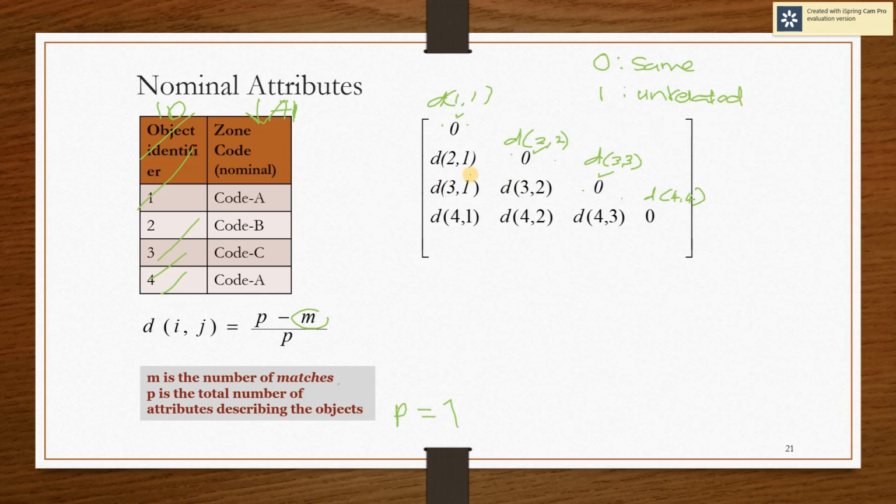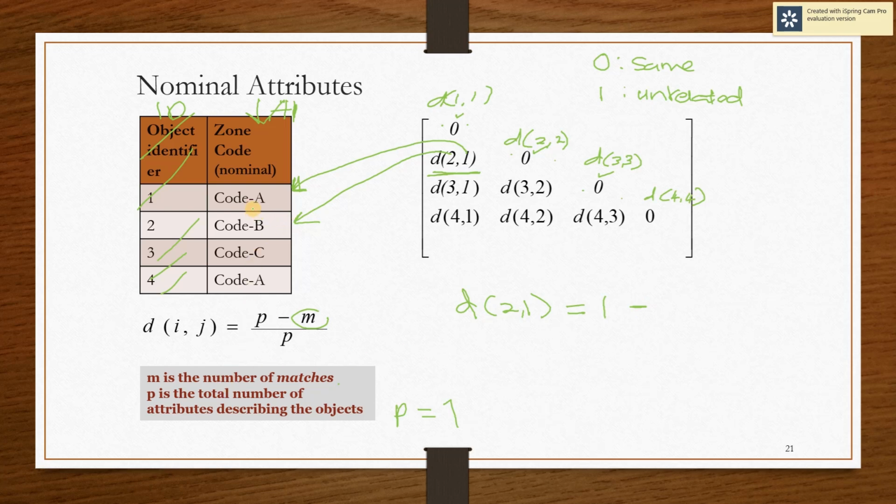If we take a look here, what is the distance of this one? D2,1, meaning the second object versus the first object. The value of the distance function here is D2,1 equals 1 minus M over P, where M is the number of matches.